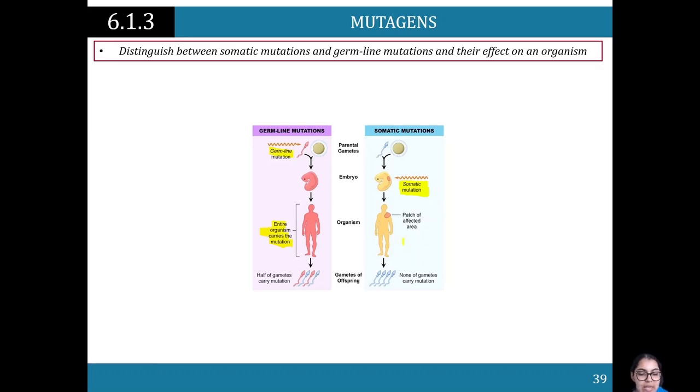What that means is, if you have a mutation in some cells over here, it's only going to affect this area. It's not going to affect the offspring of the individual, because the mutation is in their somatic cells, their body cells. The mutation isn't in their germ cells, their gametes, so it won't pass on to their offspring.